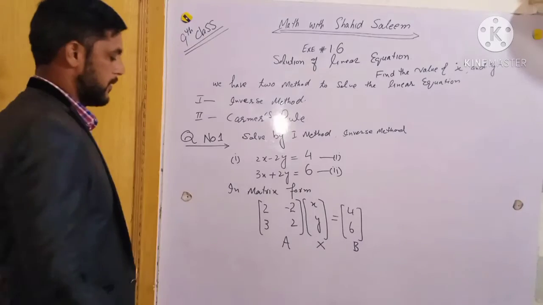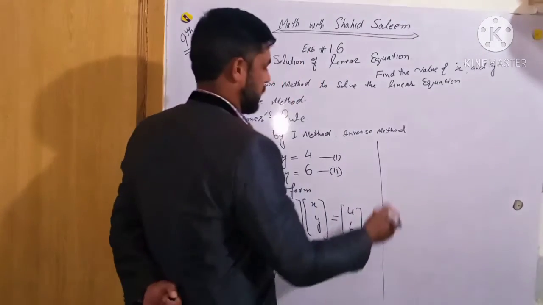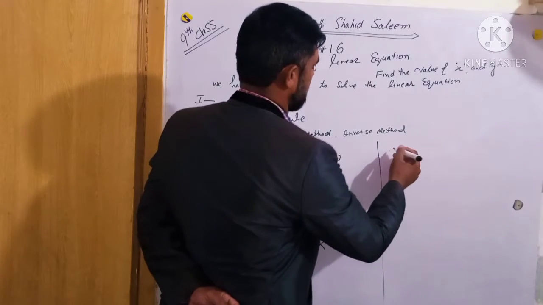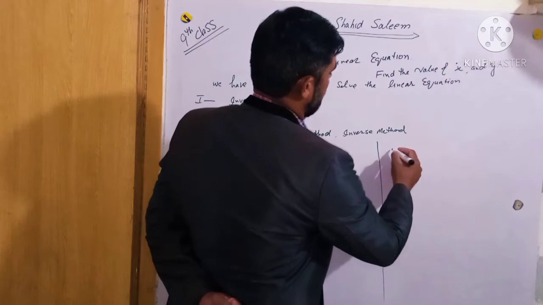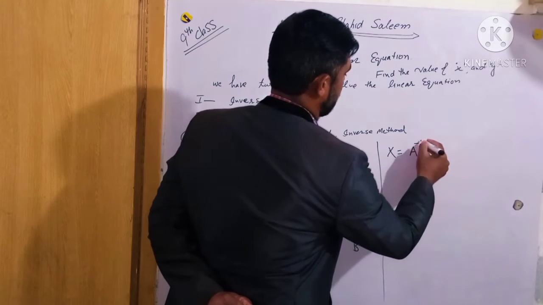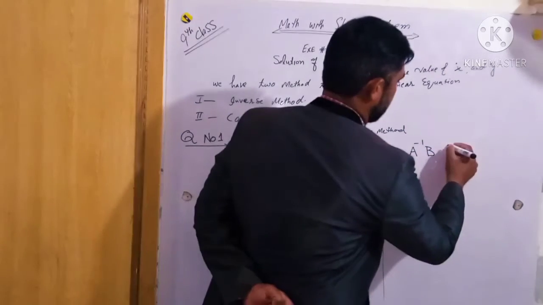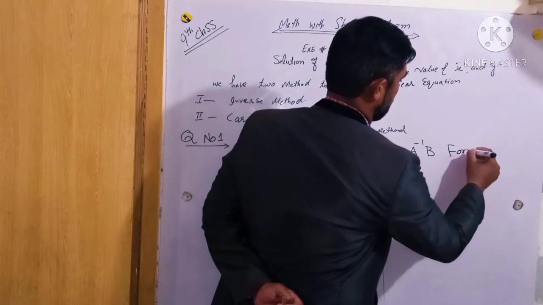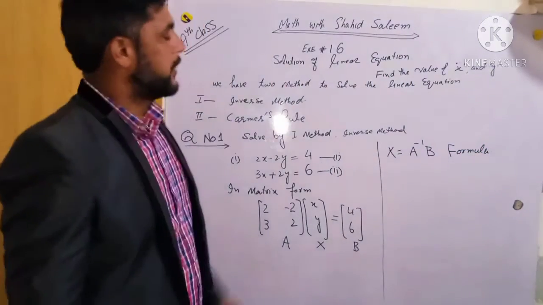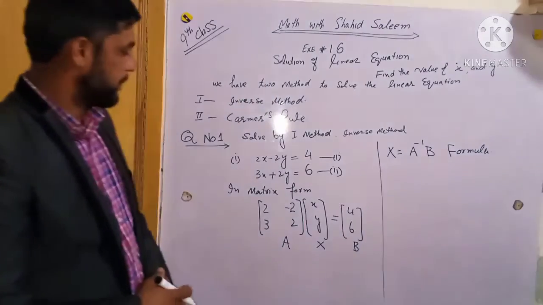In the inverse method, we use a formula to find the solution for x and y: X equals A inverse B. We use this formula to solve for the values of x and y.